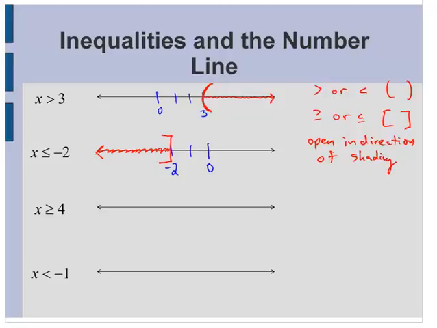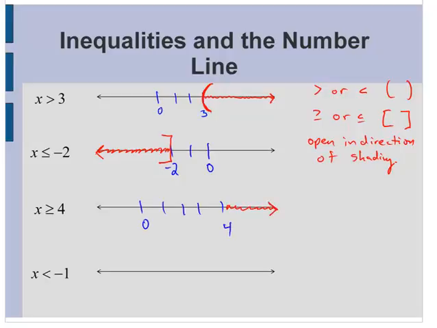Why don't you try the remaining two examples on this page on your own. X is greater than or equal to 4. So here's 0, there's 4. Greater than 4 would be to the right.